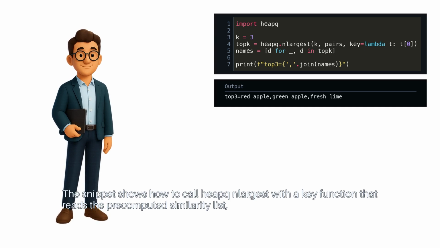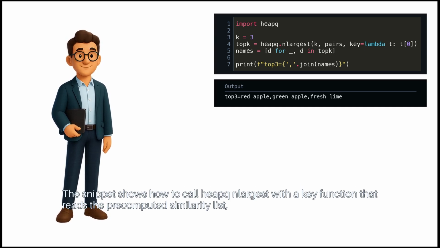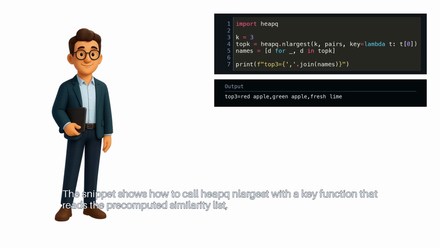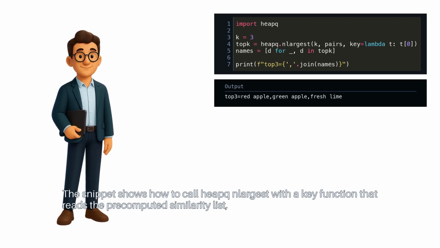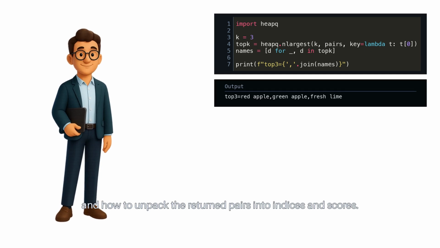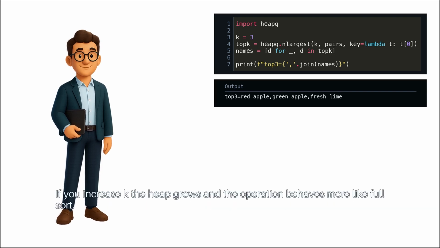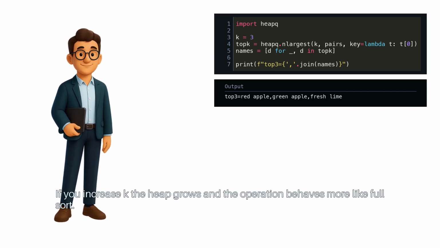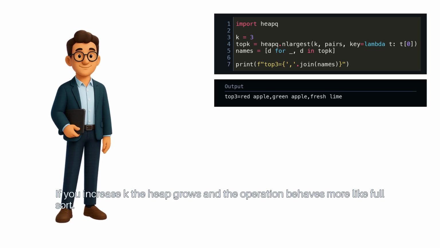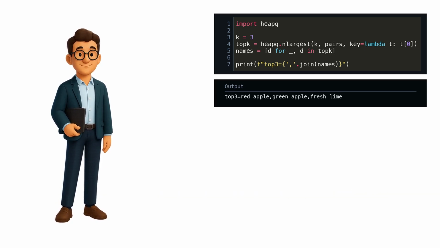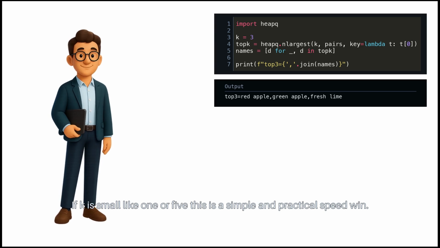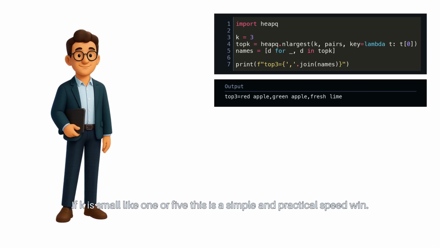The snippet shows how to call heapq and nlargest with a key function that reads the pre-computed similarity list, and how to unpack the returned pairs into indices and scores. If you increase k, the heap grows, and the operation behaves more like full sort. If k is small, like 1 or 5, this is a simple and practical speed win.